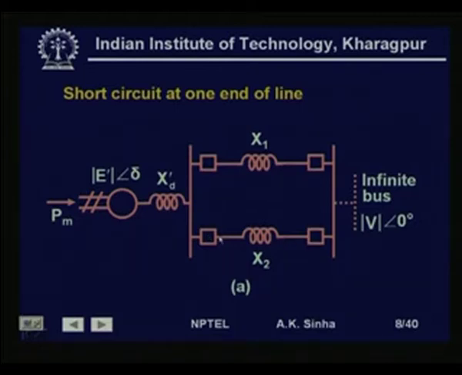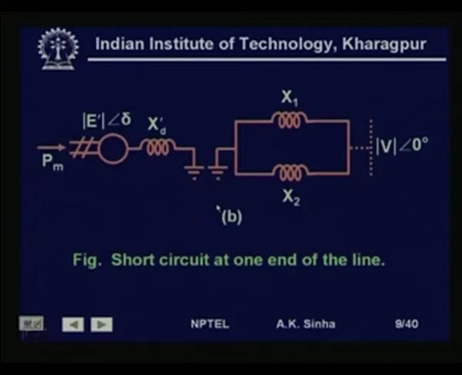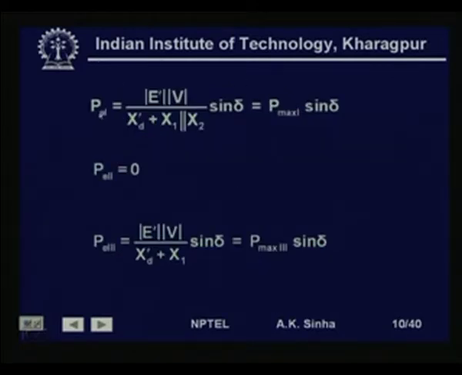In that case, again we have a system where we will have x d dash and only one of the lines working instead of both lines working. So, in the initial case, we have both the lines working. The electrical power is given by the relationship E dash V by x d dash plus x 1 and x 2 in parallel, into sin delta, which we write as P max 1 sin delta.